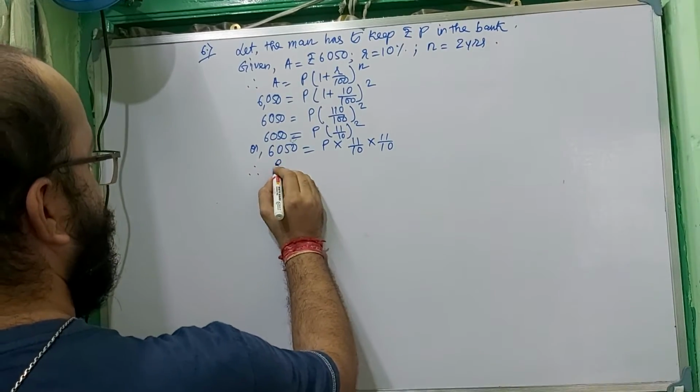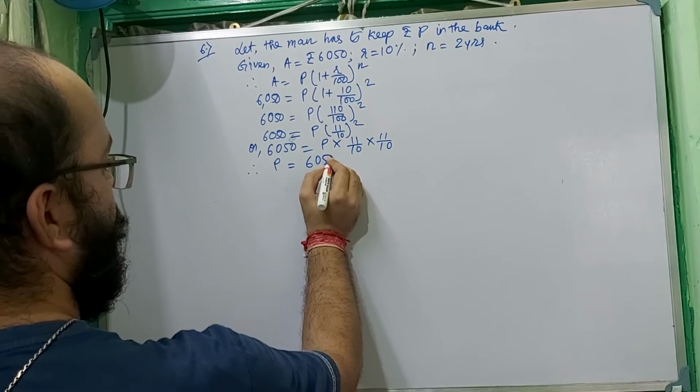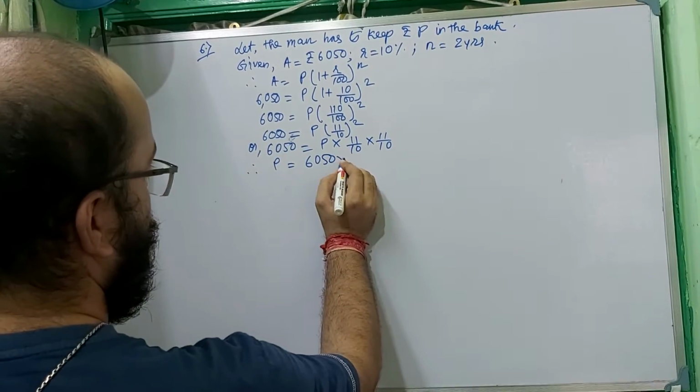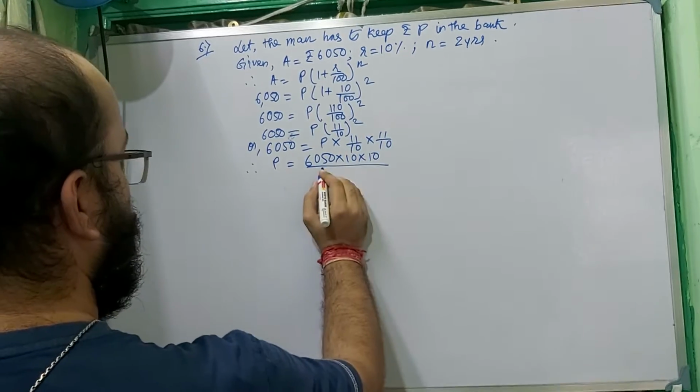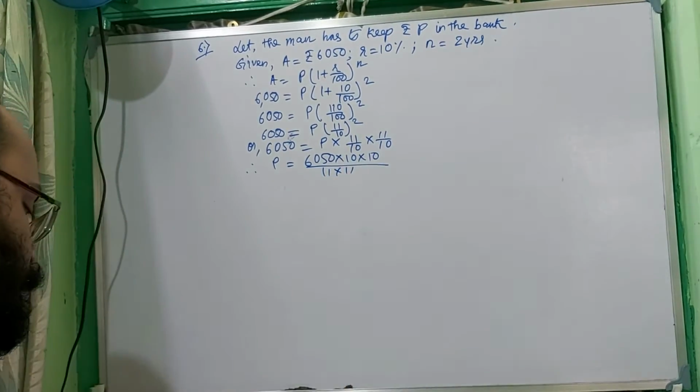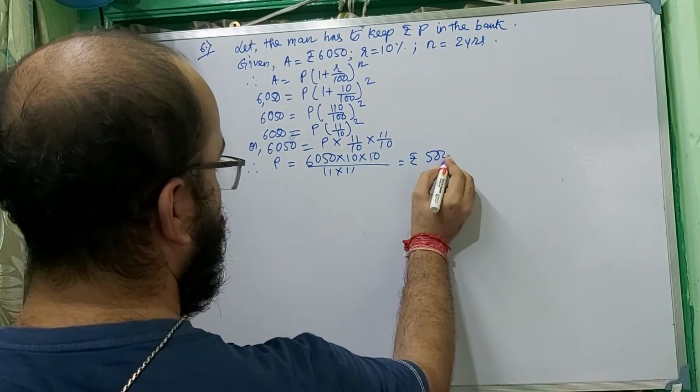Therefore P is equal to 6050, just cross multiply it, into 10 into 10 divided by 11 into 11. If you calculate it, you will get P as 5000.